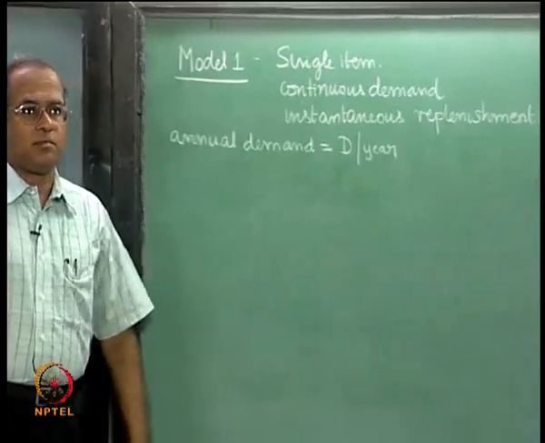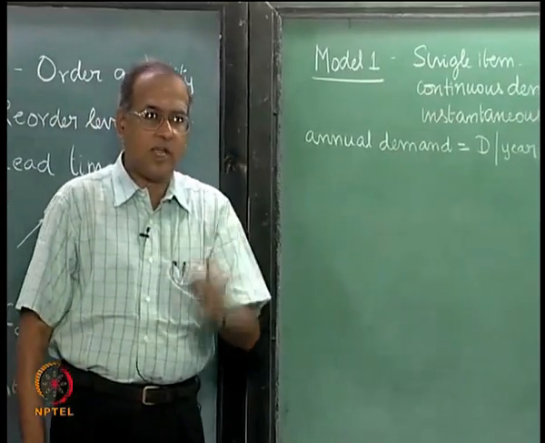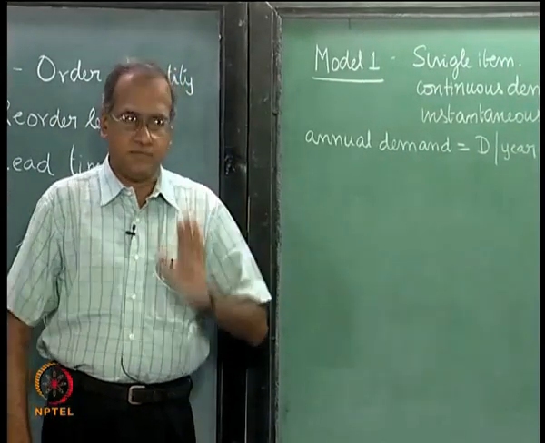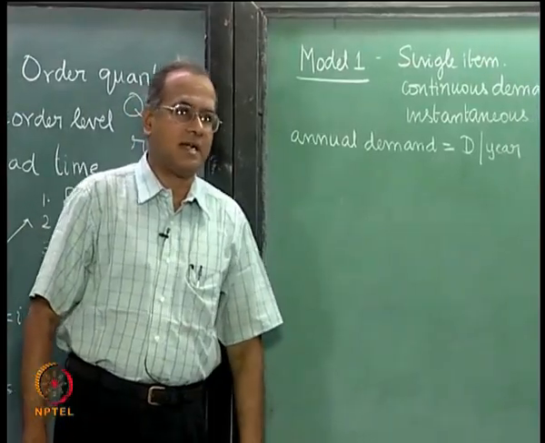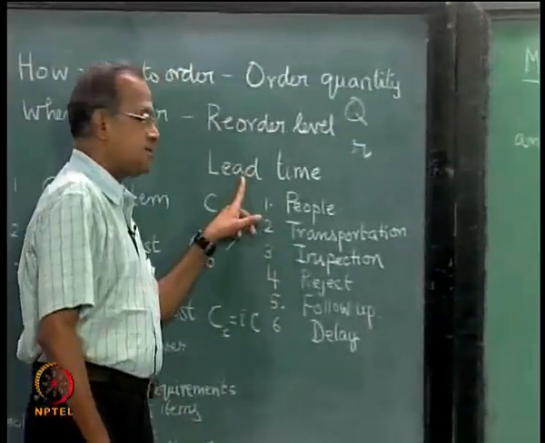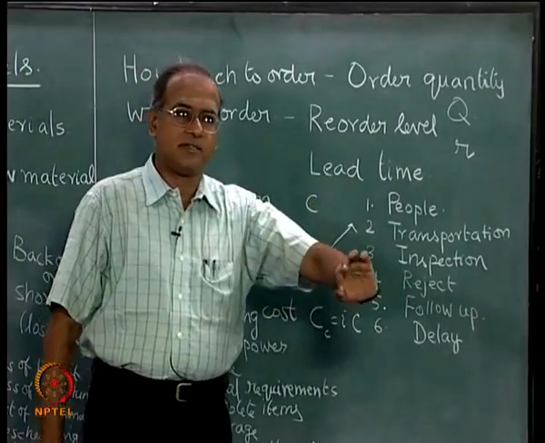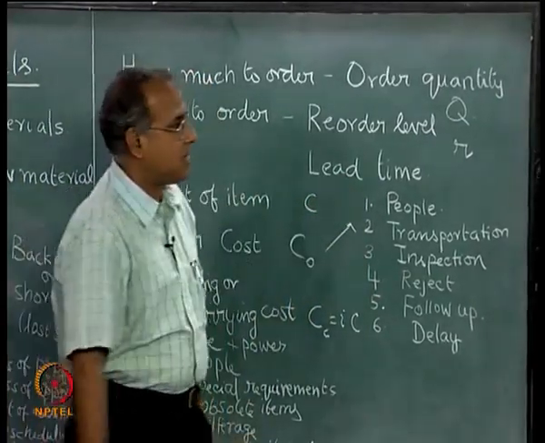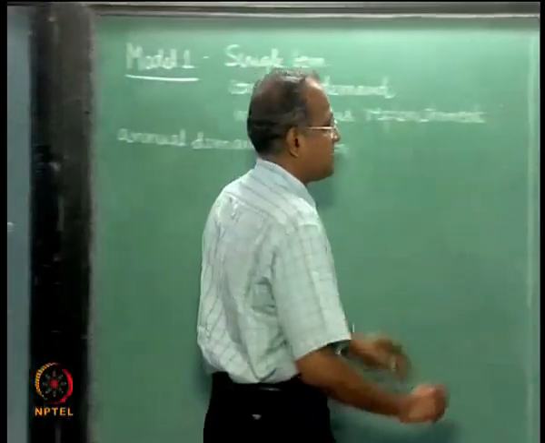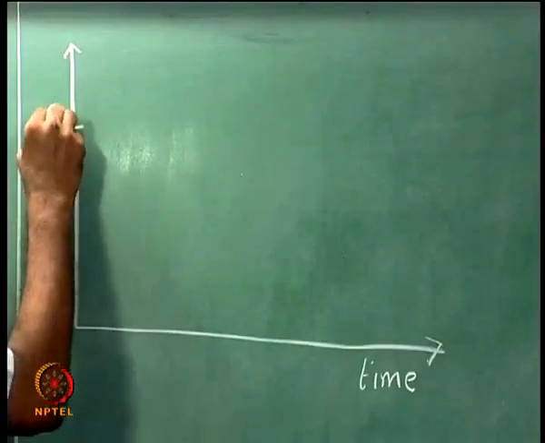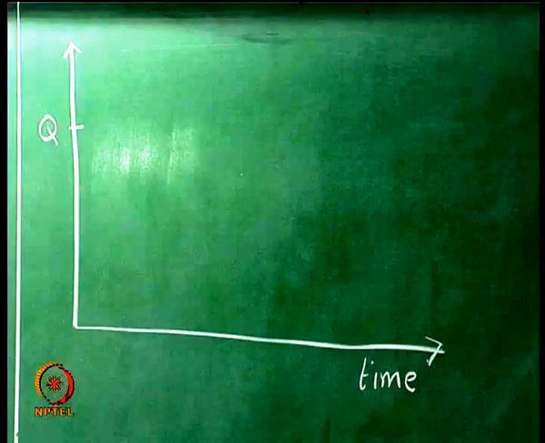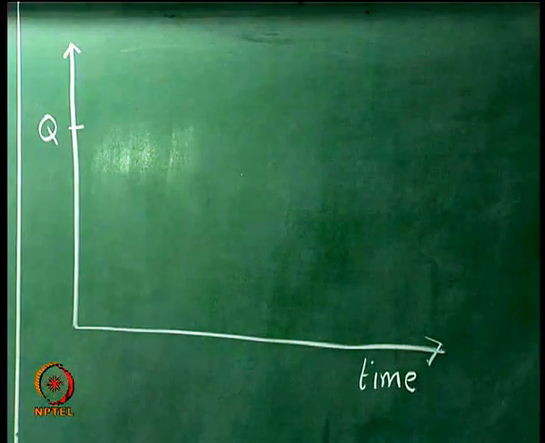Instantaneous replenishment would mean that as soon as you place the order, the item arrives, which also means that lead time is 0. So the moment the order is placed, the items are received. So let us assume that we have received a Q and we are consuming or using this Q.